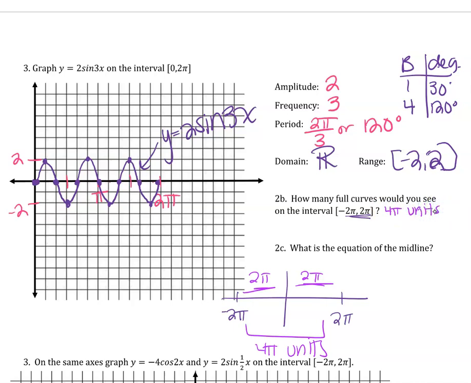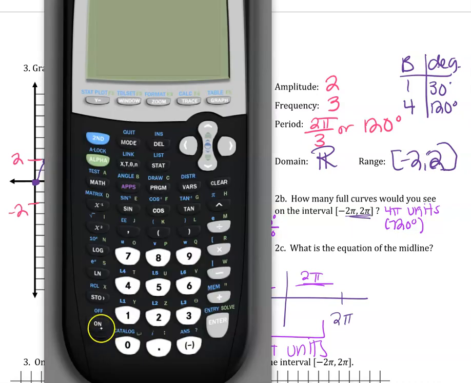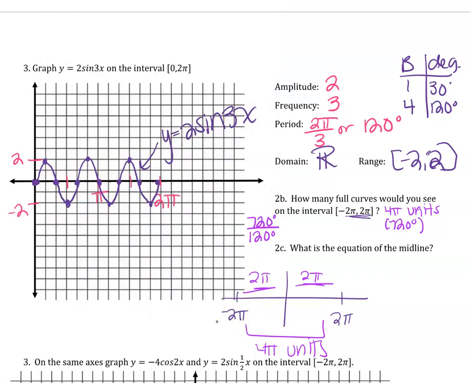Okay, now 4 pi units is the same thing as 720 degrees, if you want to think about it that way. Now you know that the period is 120 degrees. So if I do 720 degrees divided by 120, let's see what we get. 6.